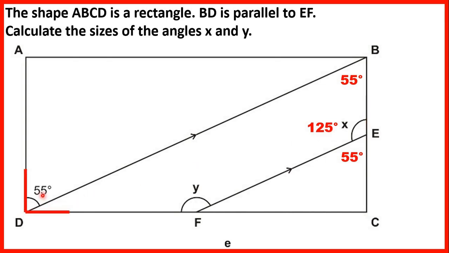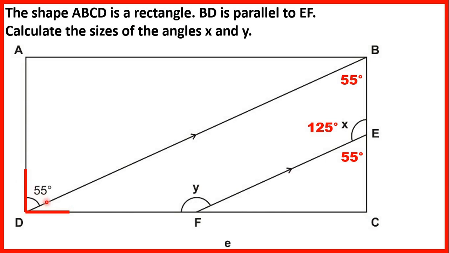So now we can spot that this will be a right angle, and angles in a right angle add up to 90 degrees. And we know that it's a right angle because we're told that the shape is a rectangle, and the angles in a rectangle are all 90-degree angles.